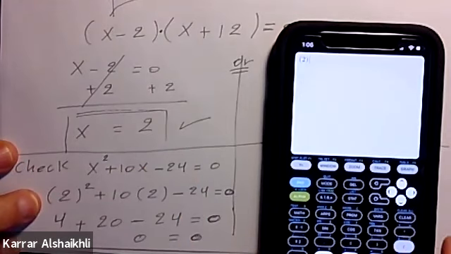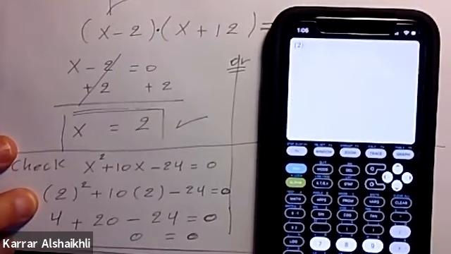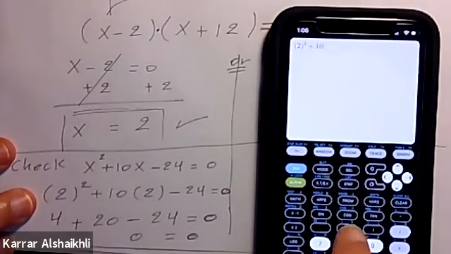This is the square. Remember when you write down the exponent, it's going to be 2, plus 10 parentheses times 2, minus 24. The result is going to be 0. So that means this is going to be a solution.